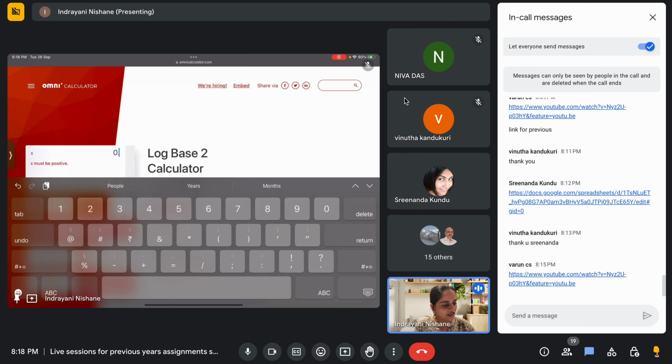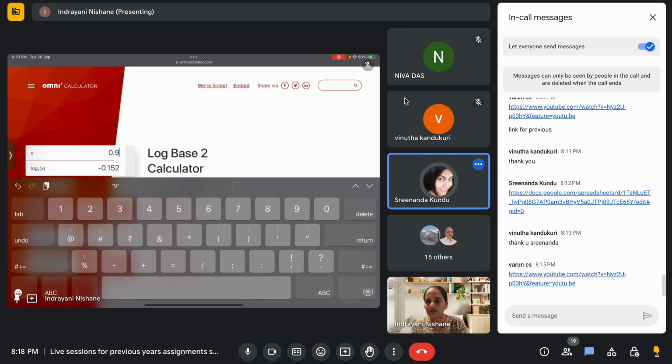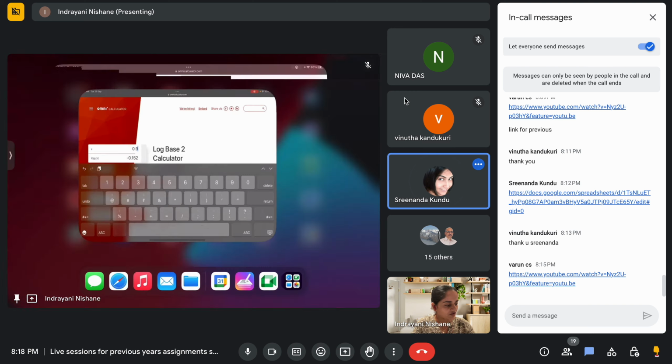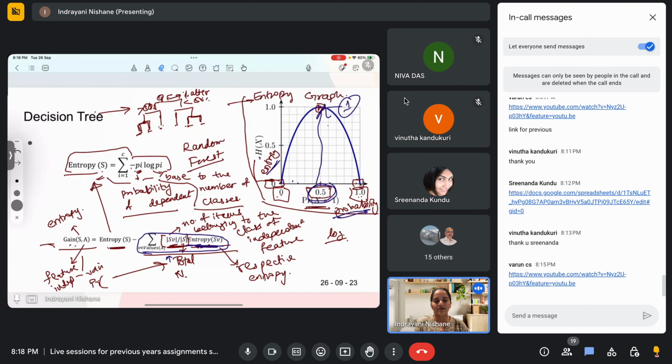Let's not go into mathematical derivation. At 0.9 it is almost 0, minus 0.01, so you agree it's almost 0. Let's just keep in mind the probability value 0, because it is log to the base 2. That's why at 1 by 2, which is 0.5, it gives the maximum value 1.